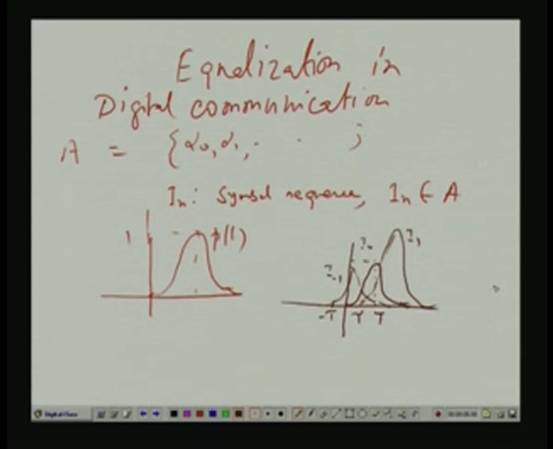At the receiver, if you sample at capital T, from this figure it appears there is interference from the right-hand pulses and the left-hand pulses, in fact from many right-hand pulses and many left-hand pulses. That gives rise to intersymbol interference.